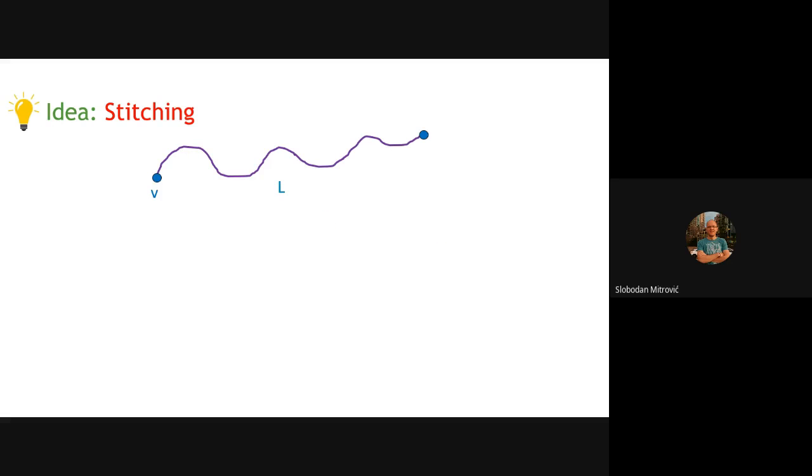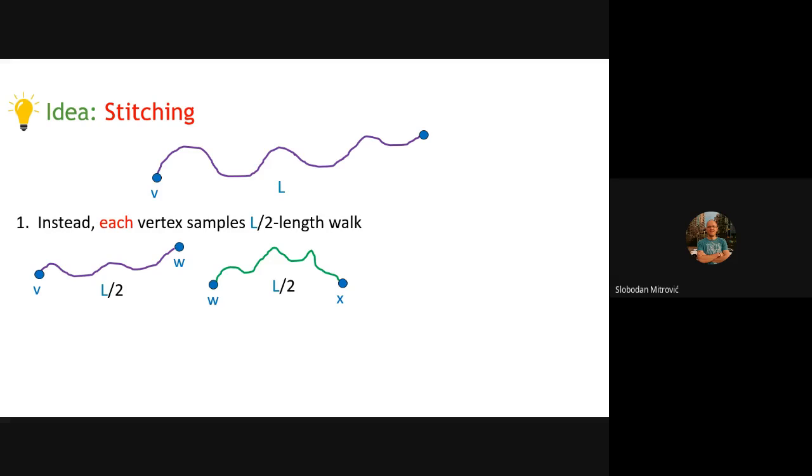Good. So there is this idea that we mentioned on some of the first slides about stitching, right? You want to compute a random walk of length L from V. Well, there is an idea that you compute a random walk of length L over 2 from each vertex, not only from V, but from each vertex.